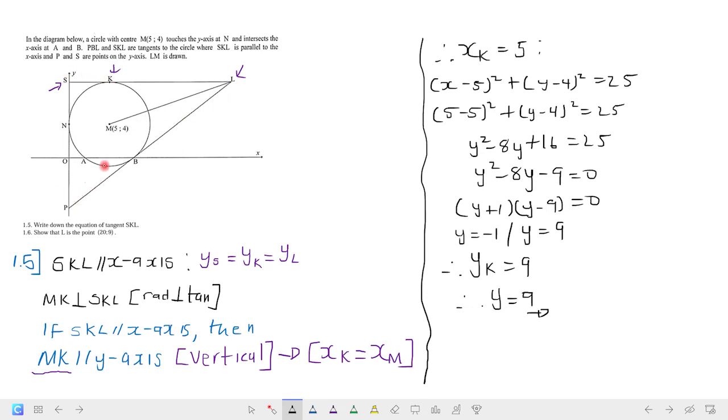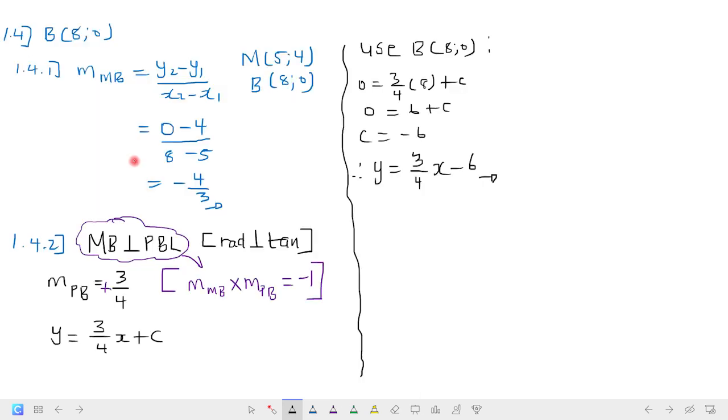So because of that, we can find the x-coordinate of L using the equation of PBL. So now the question is, what was the equation of PBL? The equation of PBL was y equals 3 over 4 x minus 6, right? If you remember, y equals 3 over 4x minus 6. So we're going to use that.